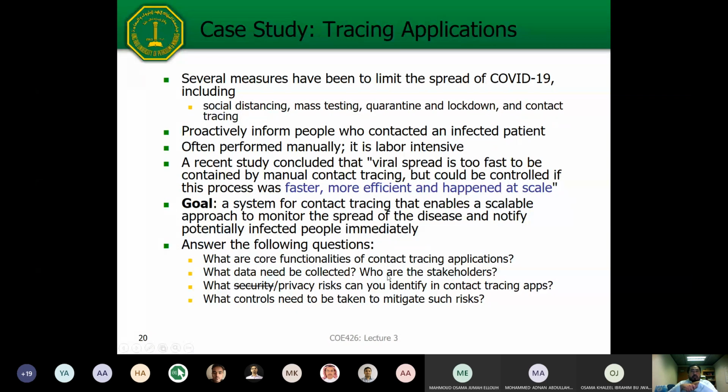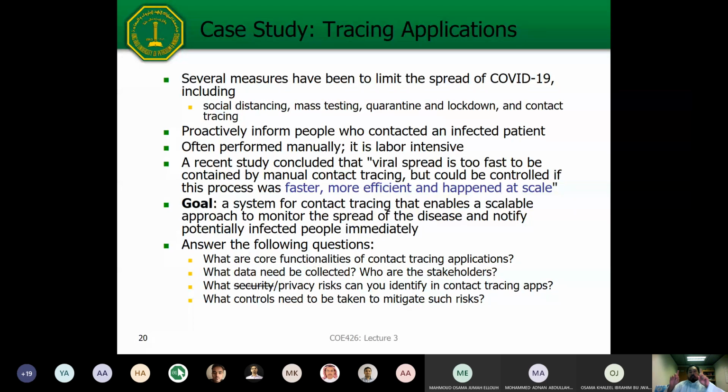And who are the stakeholders? Companies, health ministry, hospitals, users. Think about it. And what are the risks? Again, this is our course in data privacy, so don't think about security, like confidentiality and integrity. I want you to think about privacy.